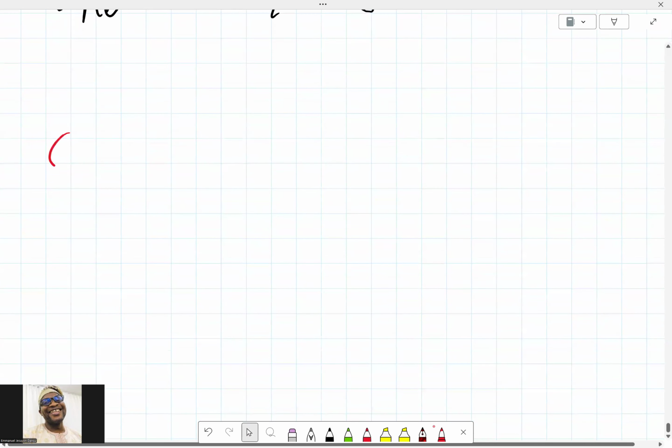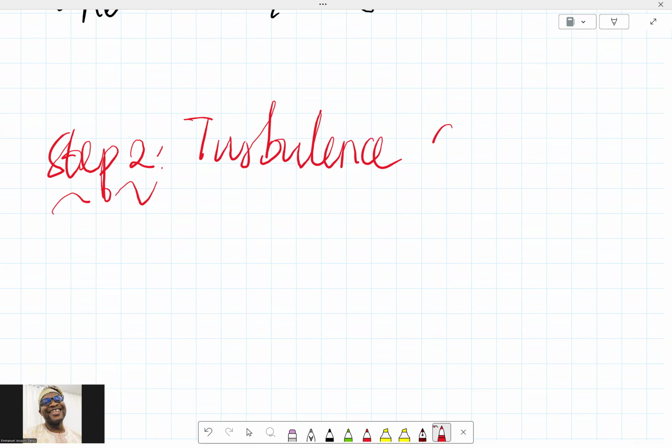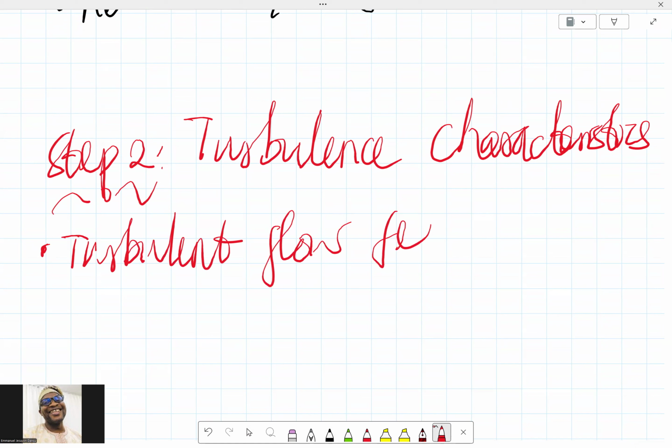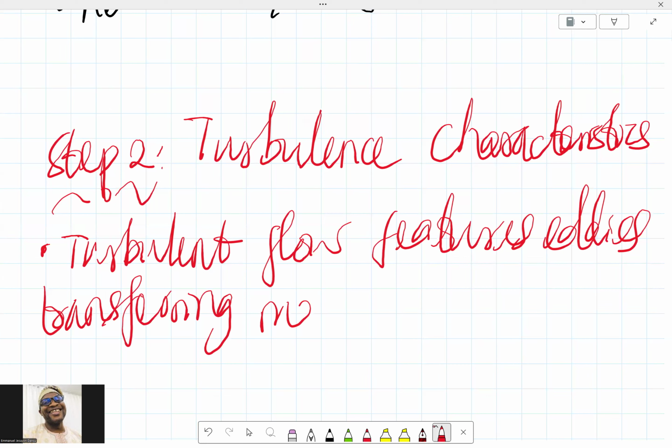So for step two, we talk about turbulence characteristics. Here we have that turbulent flow features eddies transferring momentum across the pipe.